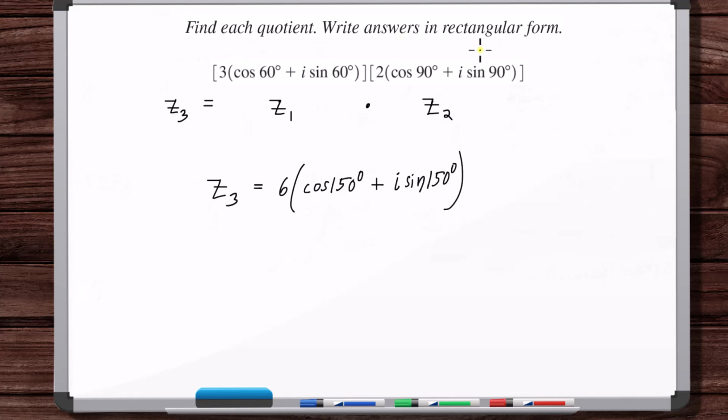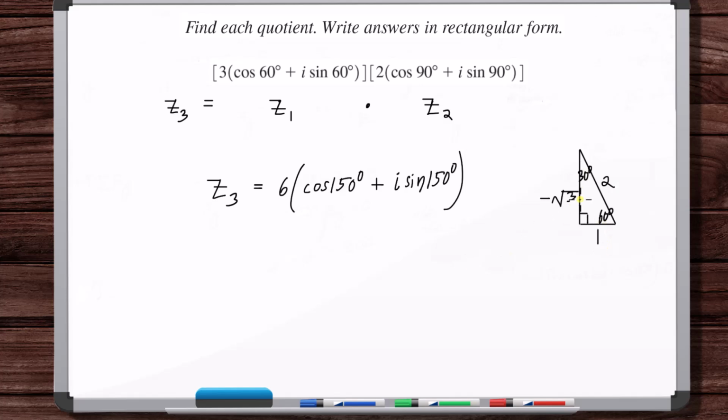Now it wants us to write the final answer in rectangular form. We know how to do that. We just simplify this to get one number plus i times another number. So 150 is in the second quadrant with reference angle 30 degrees. So we've got 1, root 3, 2. But in the second quadrant, the x component is going to be negative and the y component is going to be positive.